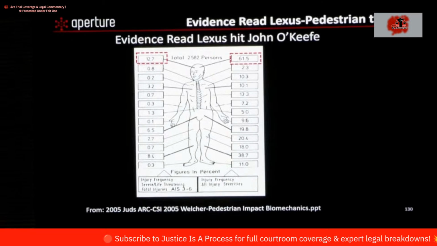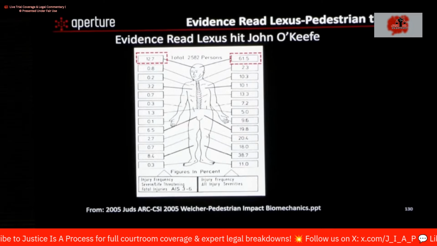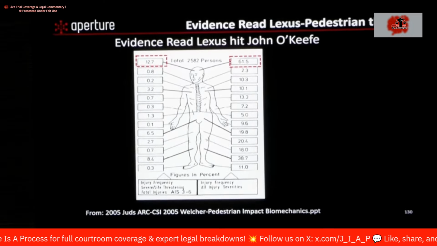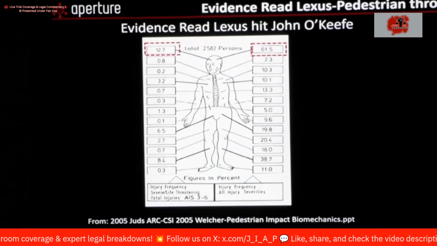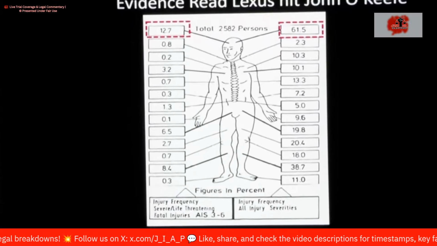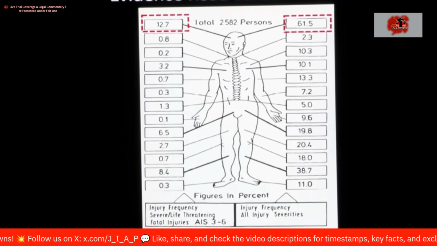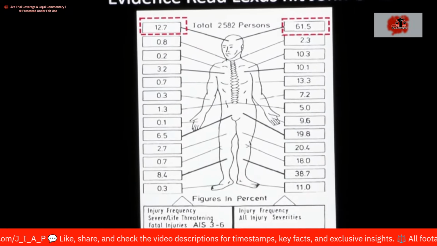On the right-hand side, it's all injuries. You can see of all the individual studies, the most common injury was head injuries. In those that sustained severe life-threatening injuries, again, the highest was also head injuries. So head injuries are very commonly associated with pedestrian impacts.